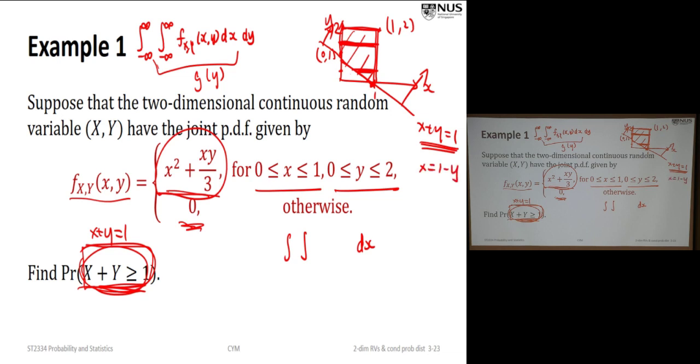So you are integrating from 1 minus y up to 1. Now you can see that if I integrate x first, I have to fix y. Then the integration limits are different, so it makes the integration more complicated. You have to divide this integration into two parts.